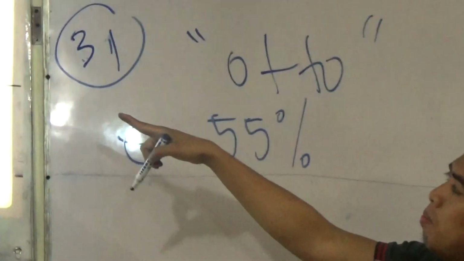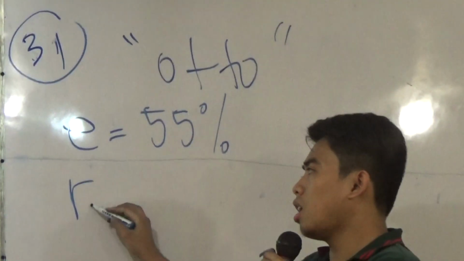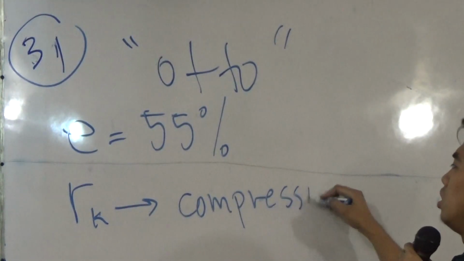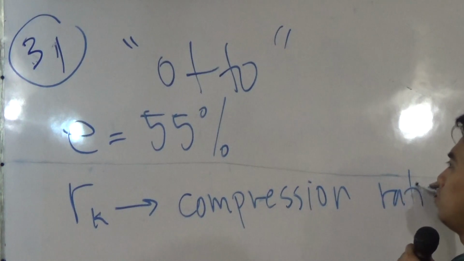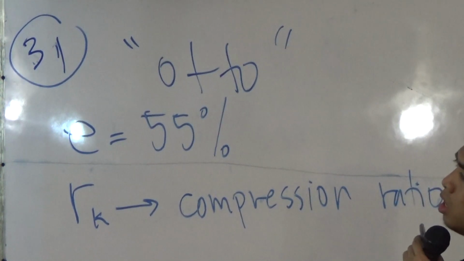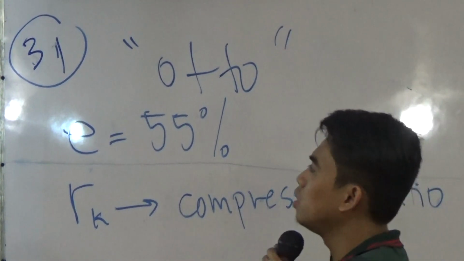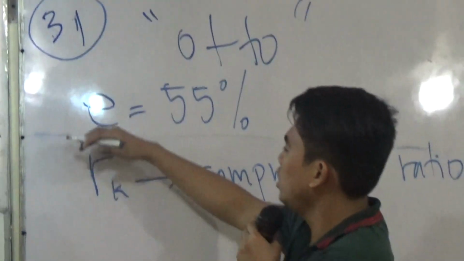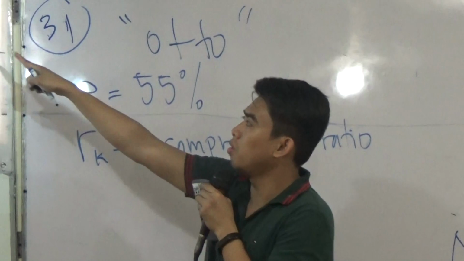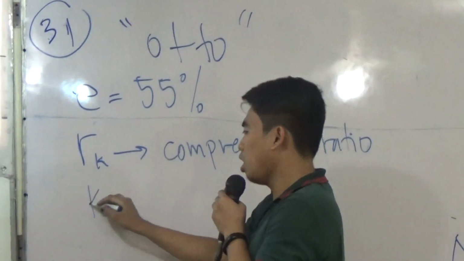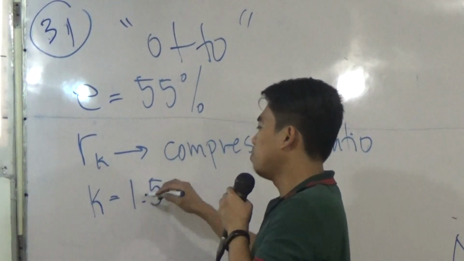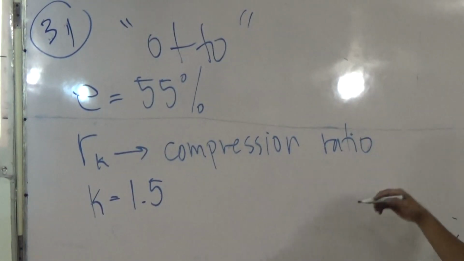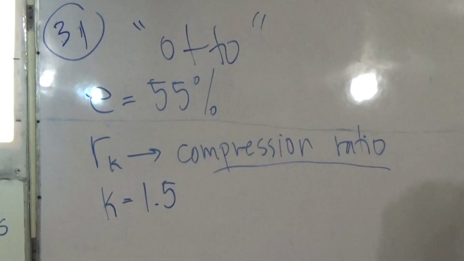With 1.5, that is K. Yan yung symbol natin ng compression ratio, RK. Considering 1.5 daw yung K. Kasi ang compression ratio, yun yung tinatanong. Ito yung tinatanong. Compression ratio.